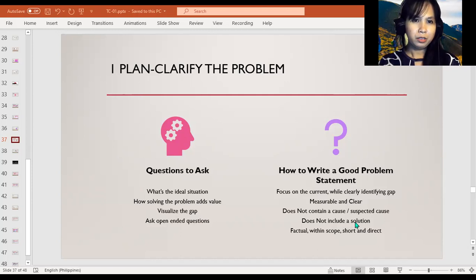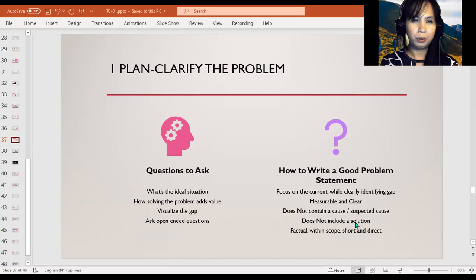So we start first with the questions to ask when clarifying a problem. These are the questions that must be addressed as we work to clarify the problem. So first, you must understand what the ideal situation is. Many times, organizations have no idea what good looks like.